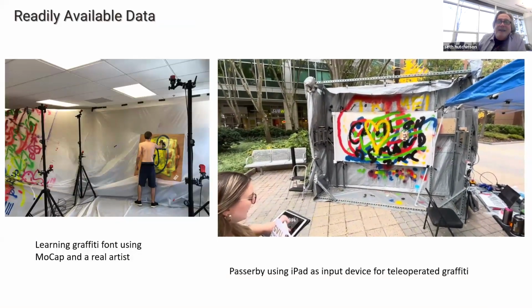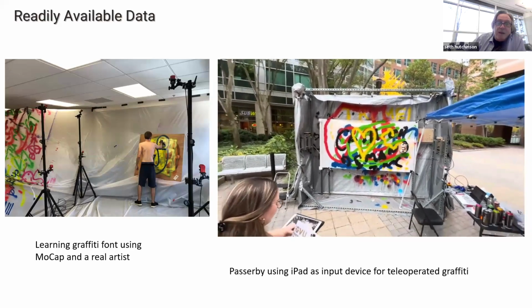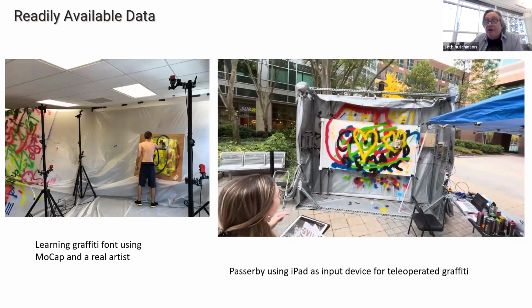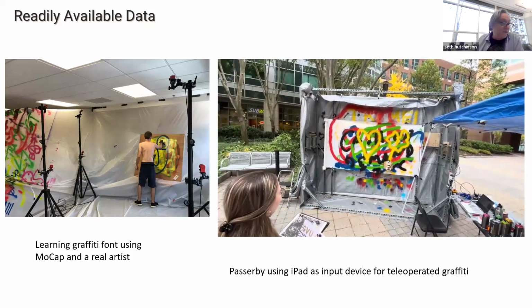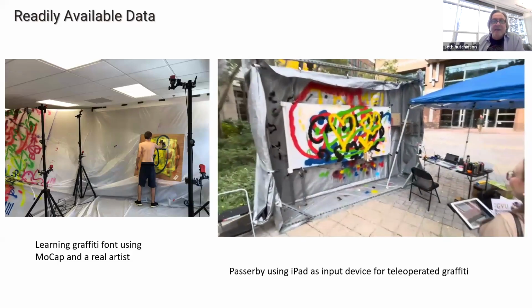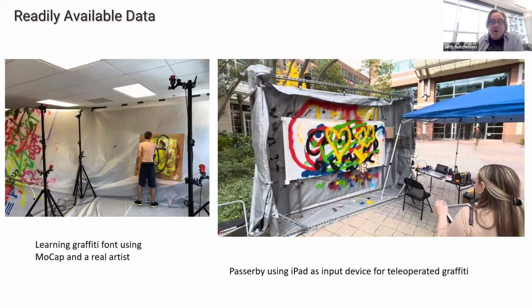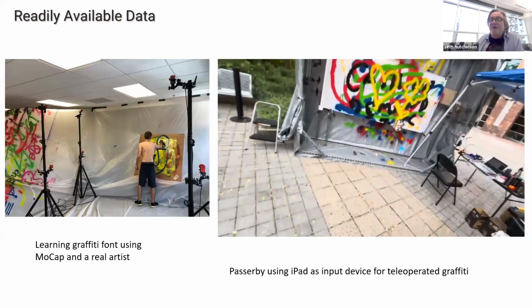What can you do with data? Well, the kind of data that's available for this kind of system is data from humans. And so we've had a lot of interaction with people. On the left is a real graffiti artist. I think he's from the Netherlands, who was in Atlanta, and we did motion capture on this dude while he painted the alphabet. And so we have his full font set, right?